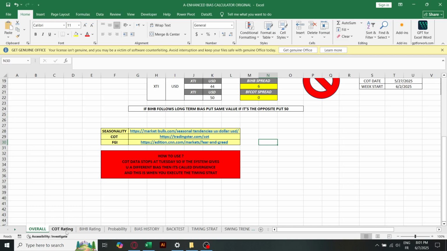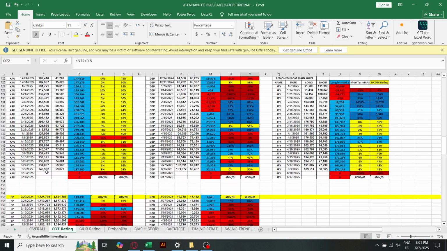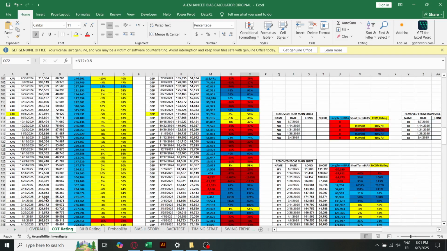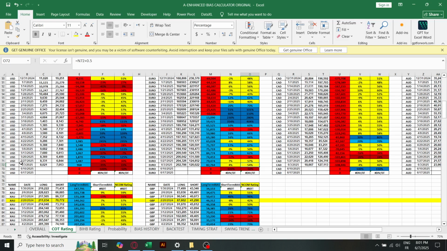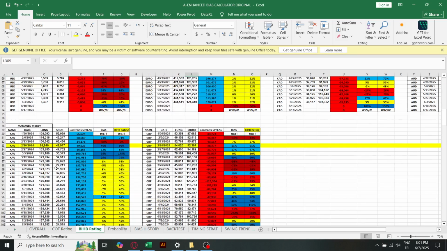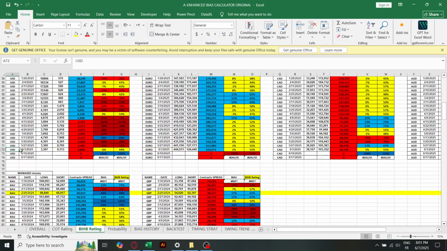the US dollar was weaker than last week. As you can see over here in the COT data, for the commercials it's weak, and also for the asset managers it's slightly weak. So there is no real divergence.